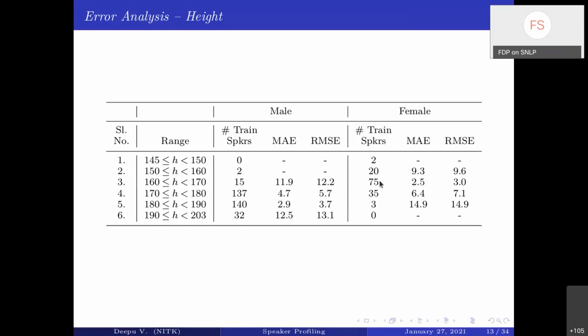In the middle, where we had a lot of speakers, the errors are pretty small. At the ends, we have a very high RMS error. Especially this has only three speakers, and this is around 14, 15 RMS error. Now, by the way, this is all in centimeters. When I say 2.5 is the mean absolute error, it's a mean absolute error of 2.5 centimeters. Okay, this is not meters, right?